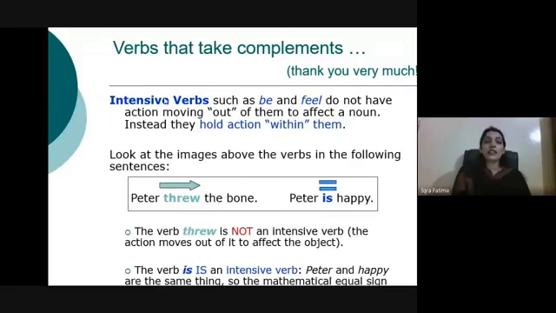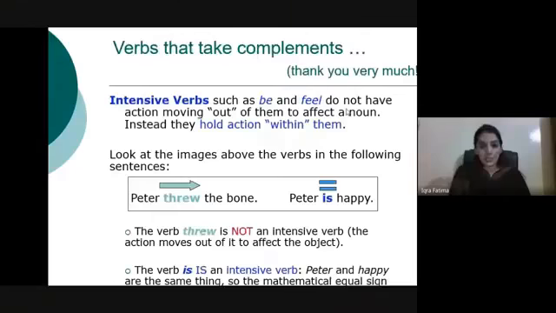What are intensive verbs? Mostly be forms or linking verbs are called intensive verbs, such as be and feel. They do not have any moving action. They hold the action within them.